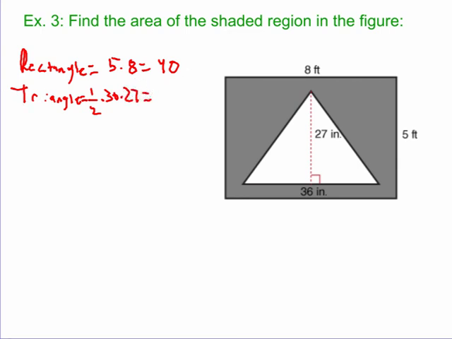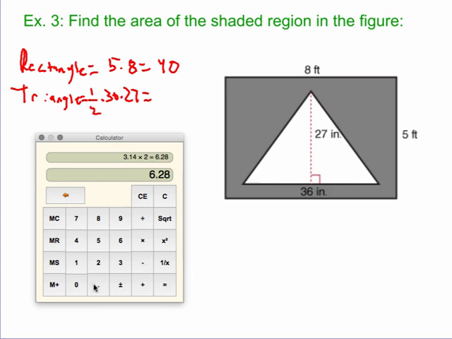So if I do that, 1/2, that's 0.5, times 36, times 27, gives me... oh, now notice where I messed up here. 36 inches, 27 inches, and these are in feet. So the problem here is much more complicated than we thought. 486 inches squared. I go back and fix my rectangle.